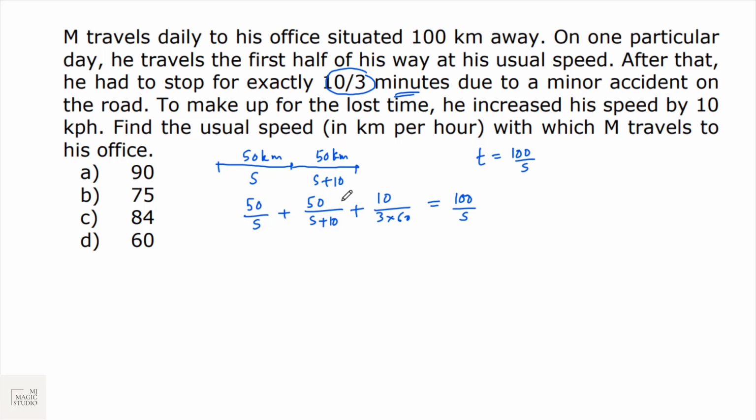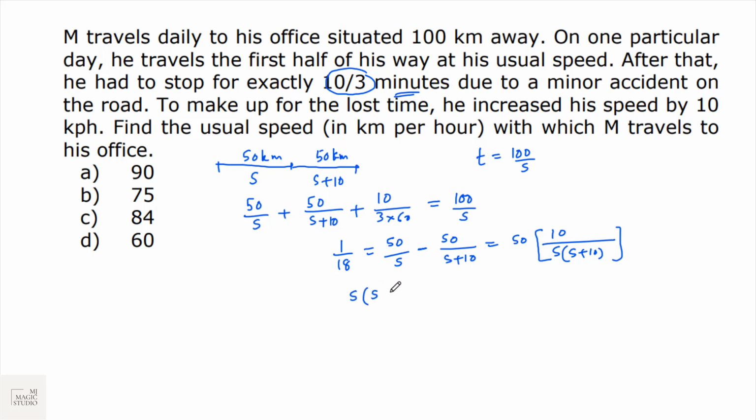Now if we solve this equation, we can find the value of S. Let's see what it is. It is 1 by 18 equals 100 by S minus 50 by S plus 10, which is 50 by S minus 50 by S plus 10. That is 50 common, S plus 10 minus S, 10 upon S into S plus 10.